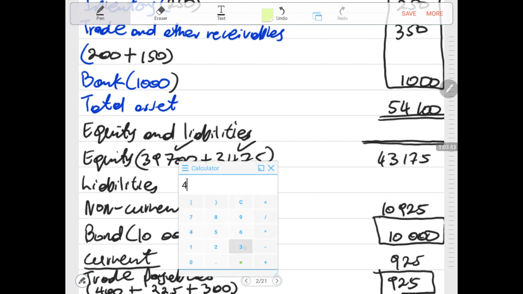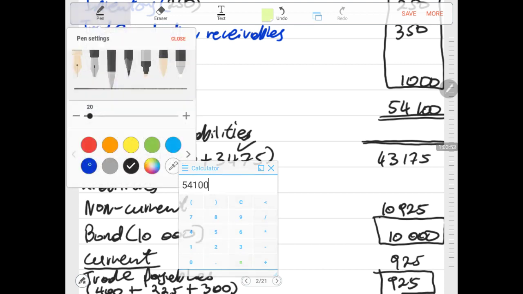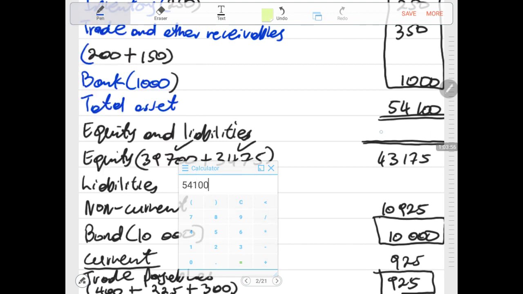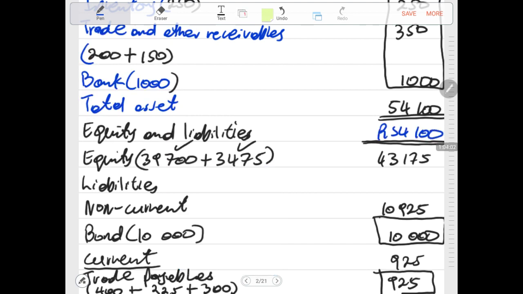We have 43,175 plus 10,925. This gives us the amount of 54,100 rands, equity and liabilities. 54,100 rands. So now we can see that our total assets are equal to the owner's equity plus liabilities. And our financial statements, once again, are balancing.